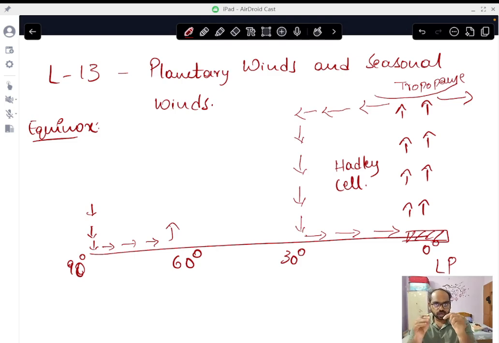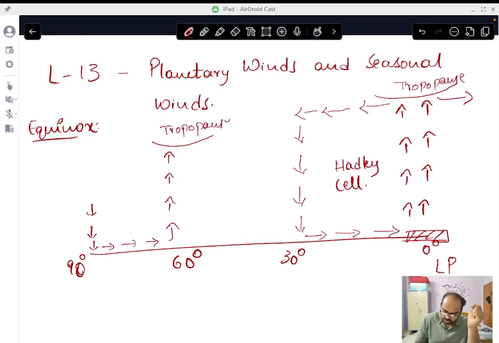So this hot air rises upwards and hits the tropopause. After hitting the tropopause, one branch moves towards the polar region, and it descends down, because at the polar region temperature will be much lower and the air gets cooled and descends. This results in the development of the polar cell.